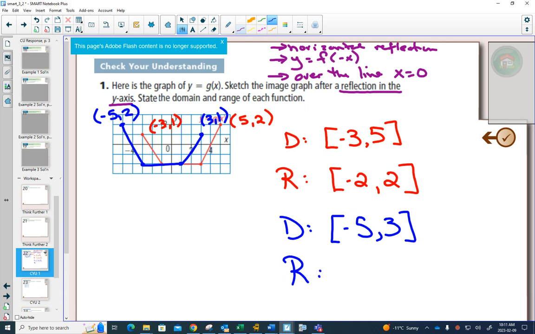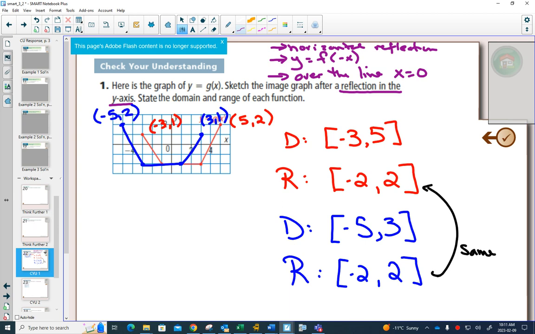And for the range, the smallest y value is negative 2. The biggest y value is positive 2. Do you notice that those are the same?